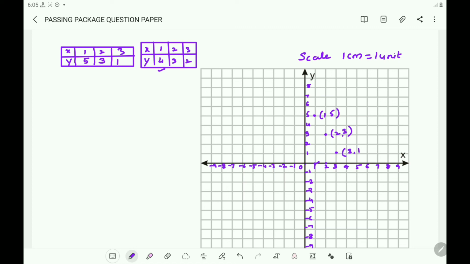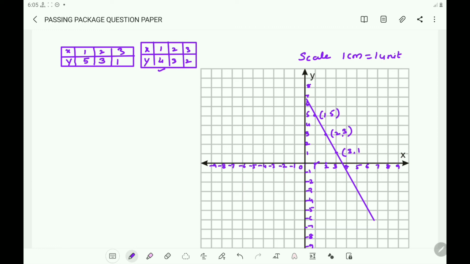Now we join these 3 points. We got a straight line which passes through 1, 5; 2, 3 and 3, 1.